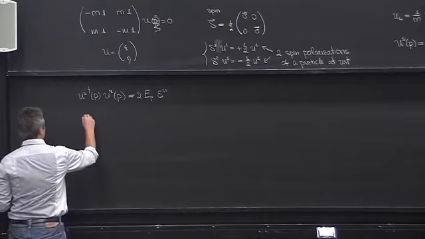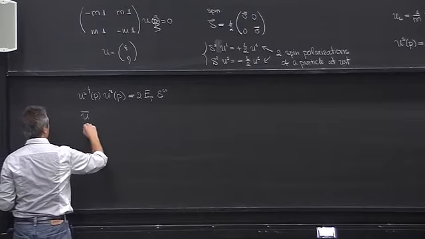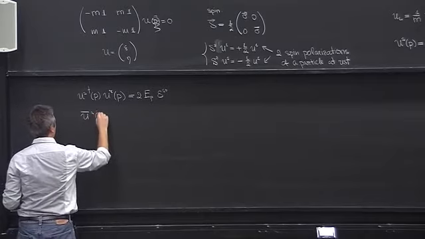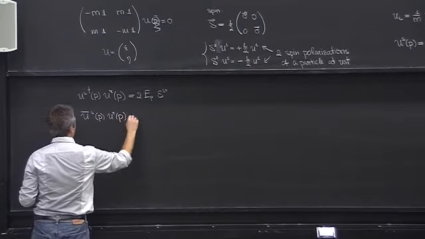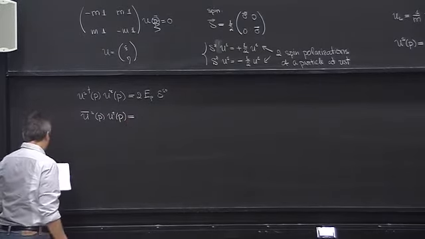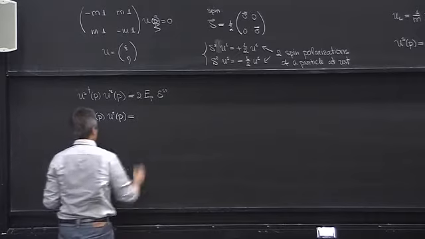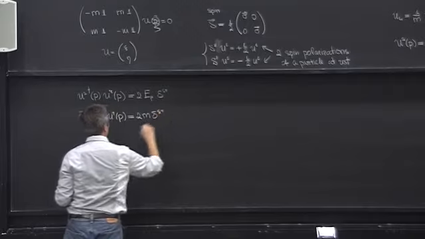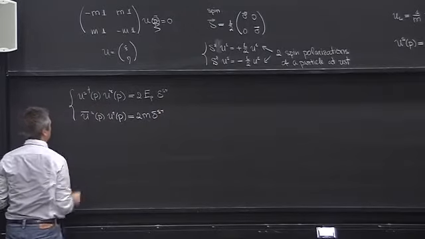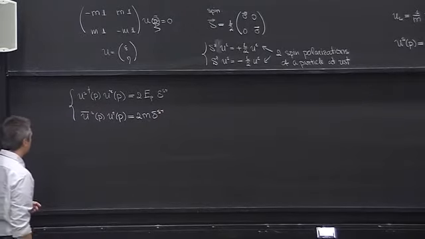So if we want a scalar, we need to take the Dirac conjugation. And for that, we find indeed the scalar on the right-hand side.